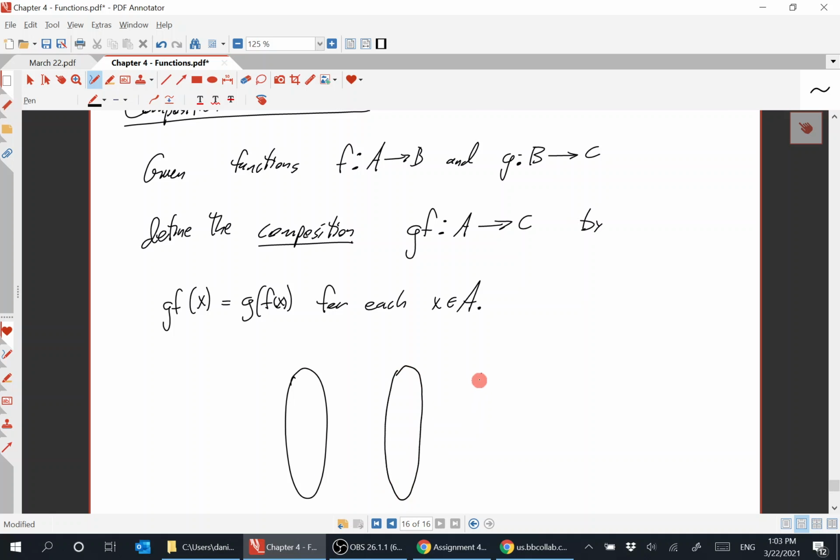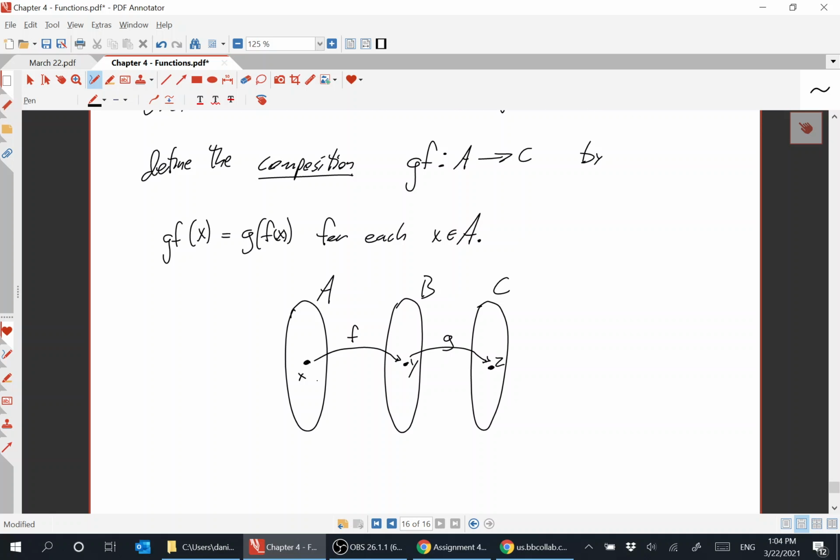So here's A, here's B, here's C. Essentially, you're taking x in A, and f takes it to some y in B, and then g takes y to some z in C. And g following f, or gf, skips over the middle part and goes from x to z straight away.